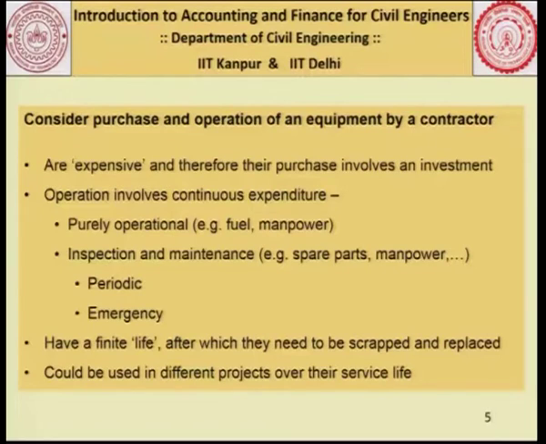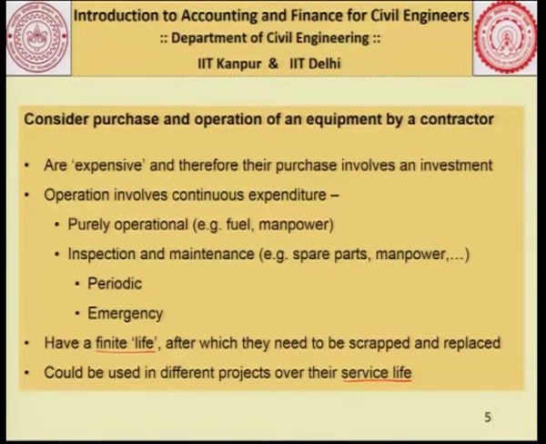Further, we have to remember that an equipment may be used in different projects over its service life. So, in the previous discussion, when we were talking of a finite life, that is the service life of the equipment, during this service life the equipment could be used in different projects.